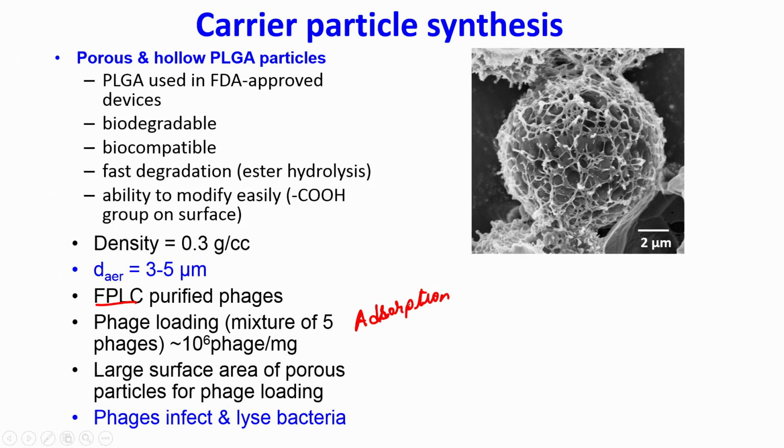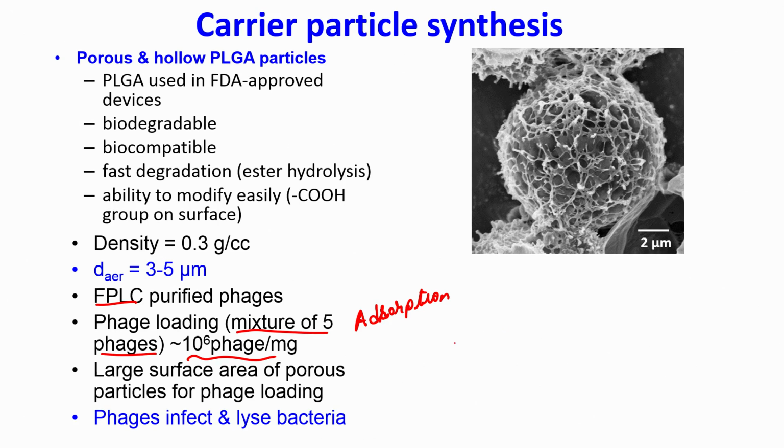So the phages are just incubated with this particle, and they have let them interact with each other and adsorb onto the surface, and then they find that they can put about 10 to the power 6 phage per milligram of particle.